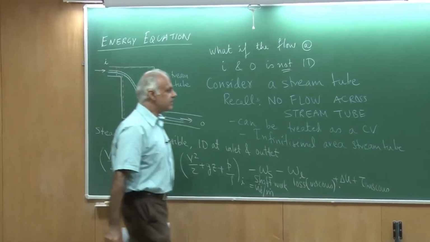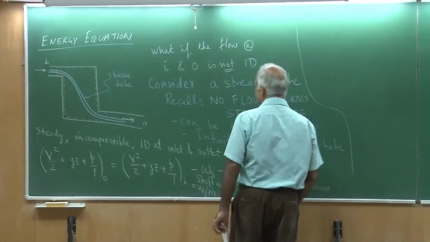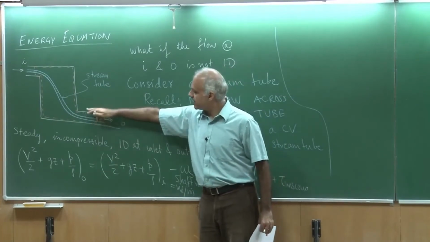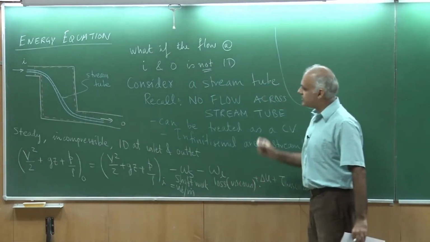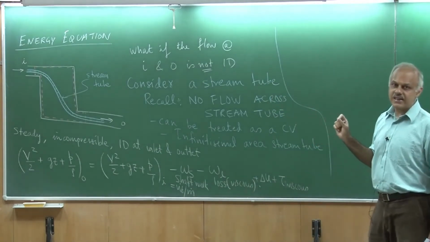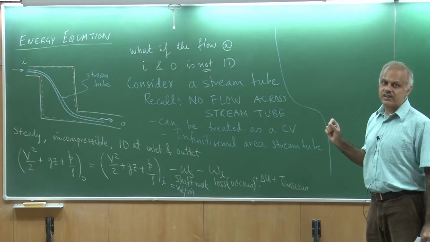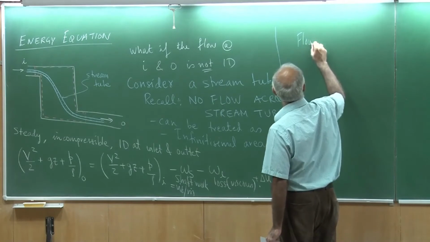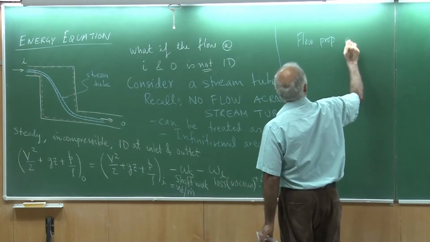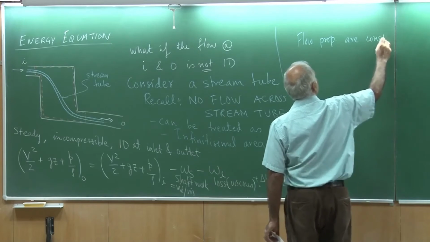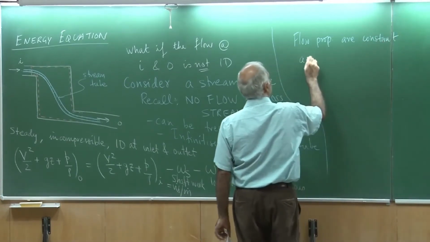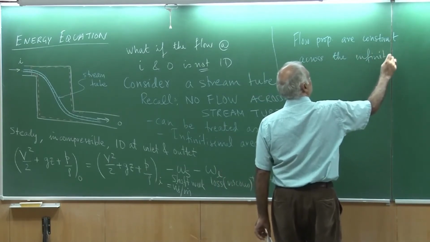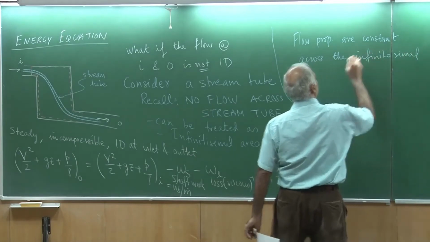So, even if in a macro sense at the exit port and at the inlet port my properties are changing across the port, at least for this infinitesimal tube I can say my properties are not changing across it, they are constant, simply because it is infinitesimal. So, flow properties are constant across the infinitesimal stream tube.